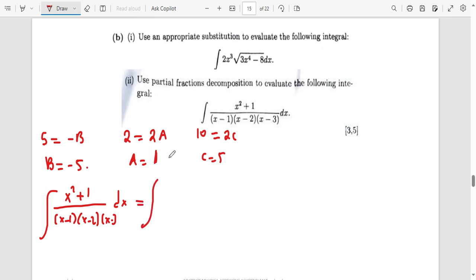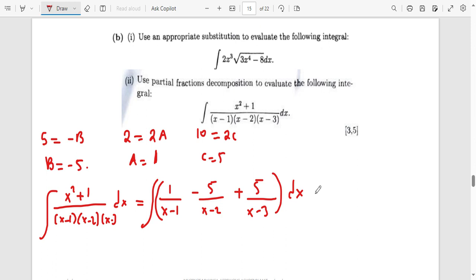Where there was a, we are putting 1. Remember, it was a over x minus 1. Where there was b, we are putting negative 5. So that will be negative 5 over x minus 2. Where there was c, we are putting 5. So that is 5 over x minus 3. Everything in brackets, put the dx at the end.